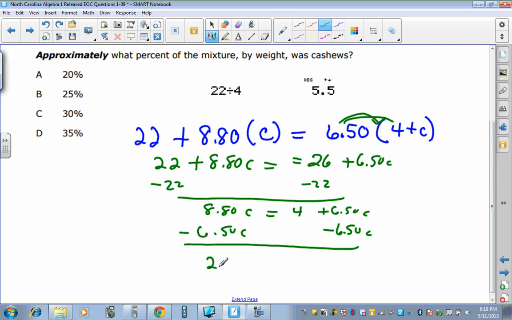And that gives you 2.30C equal to 4. Divide by 2.30.